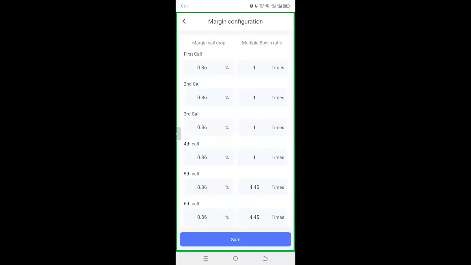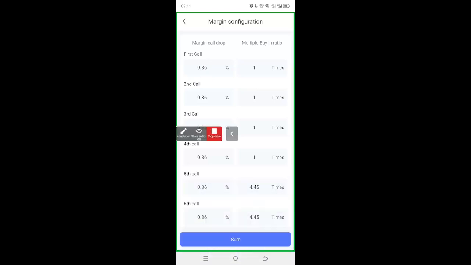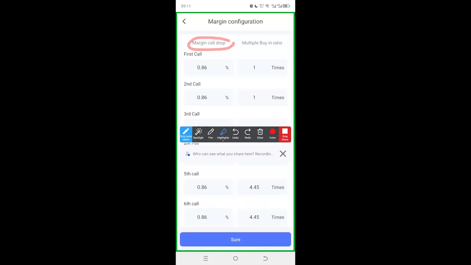Margin call drop is going to remain this 0.86, 0.8. Okay. Wait a little. Yes. We're going to change this: divide the drop by margin call. What is the drop?